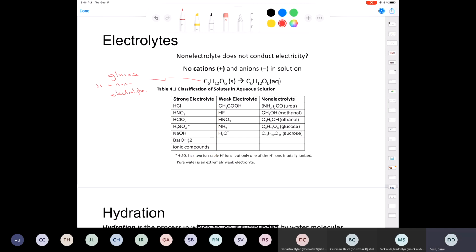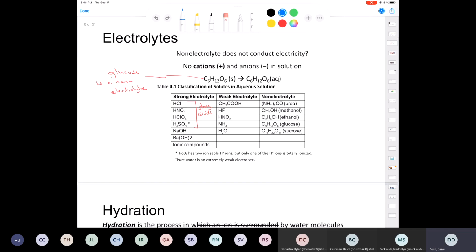These ones here are acids. These are all strong acids. Not Strong's acids, strong acids. These are strong bases. And then other ionic compounds, like anything that's the combination of a metal and a non-metal, for example.